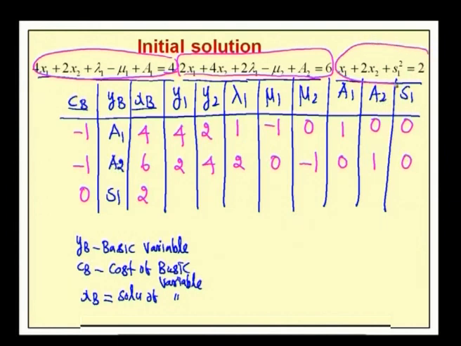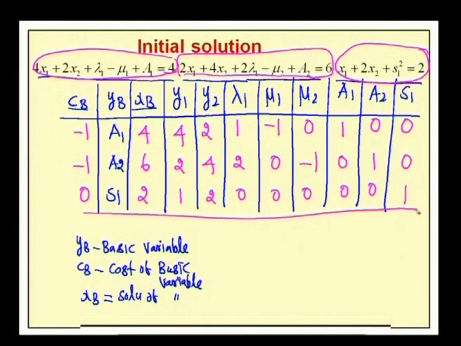In a similar way, for the third constraint we have the coefficient of x1 as 1, 2, there is no lambda 1, no mu 1, no mu 2, a1 coefficient 0, a2 coefficient 0, 1. So, the table is nothing but the simplex table. We obtain the simplex table from the given linear programming problem.